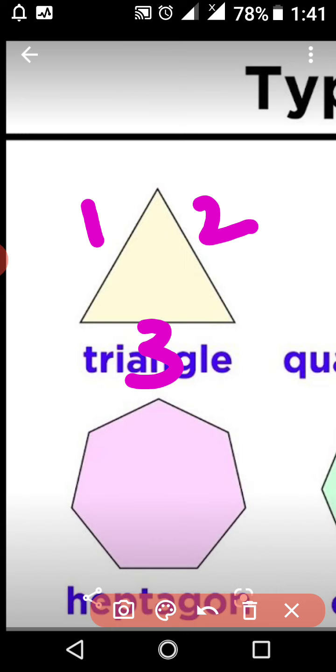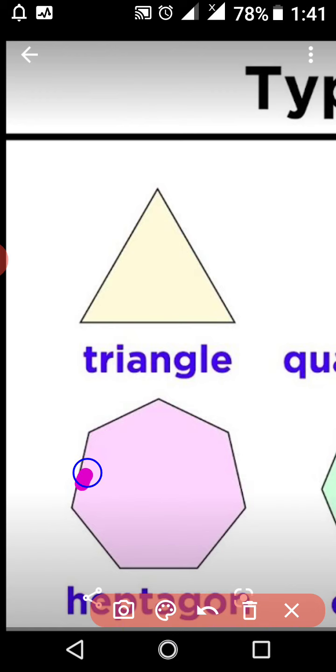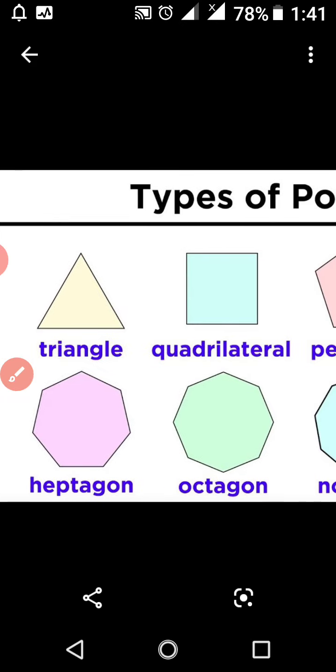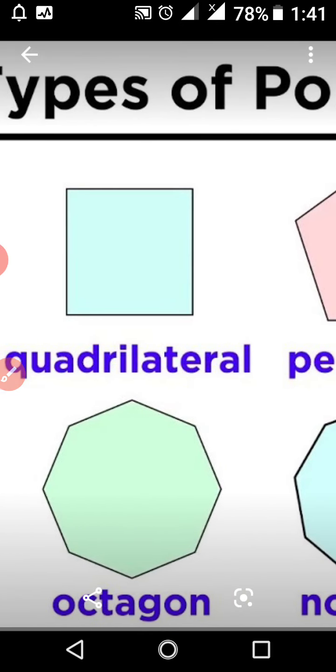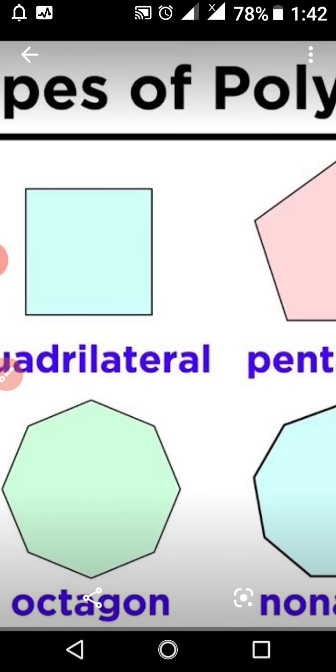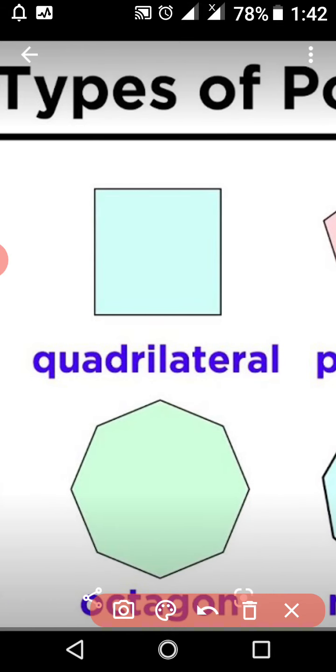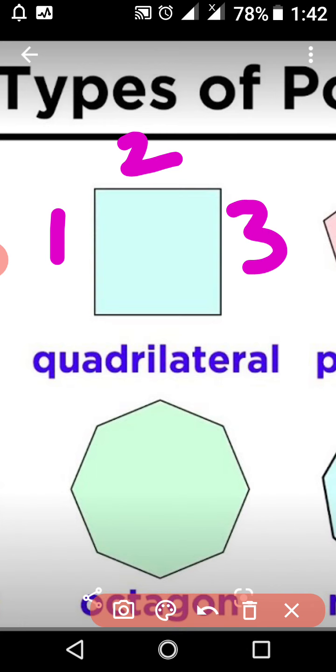If you go for the next one, a polygon which has 4 sides, 1, 2, 3 and then 4, is known as a quadrilateral. A polygon which has 4 sides is known as a quadrilateral.